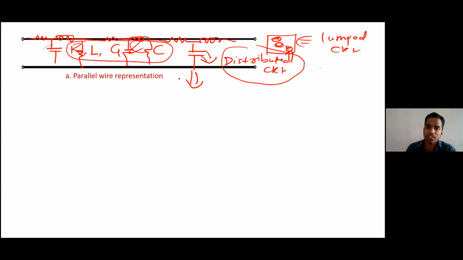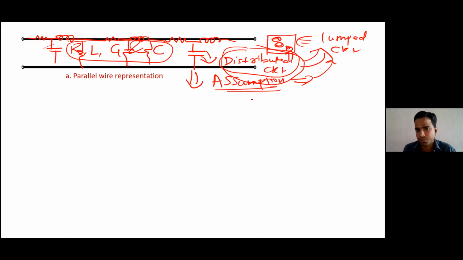So we make a certain assumption, and because of that assumption, we can do circuit analysis. What is that assumption? Even though it's a distributed circuit, we will make it a lumped circuit.